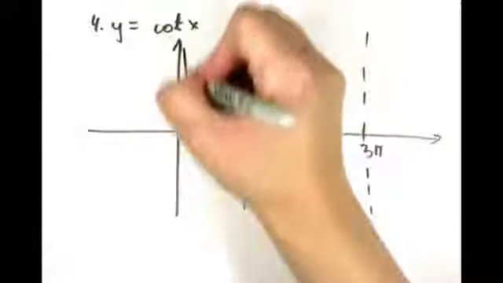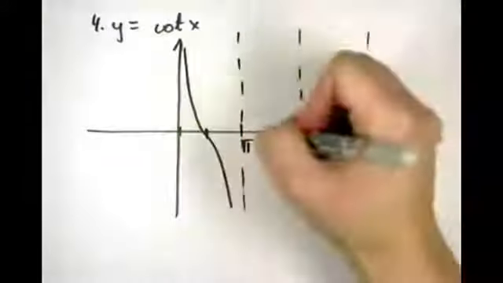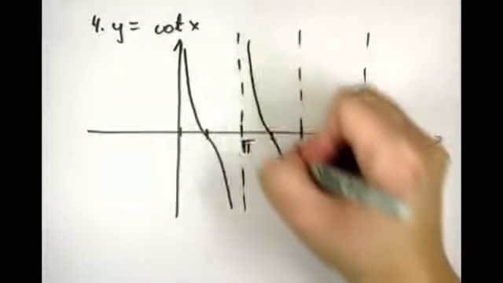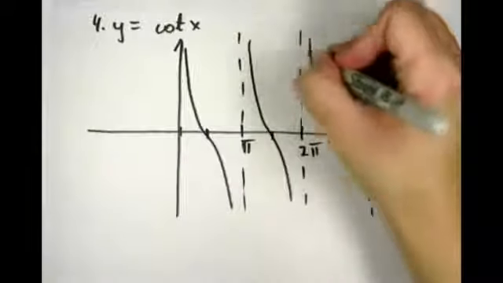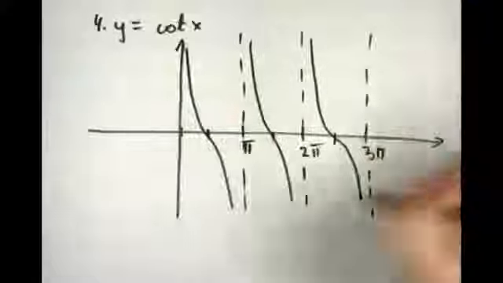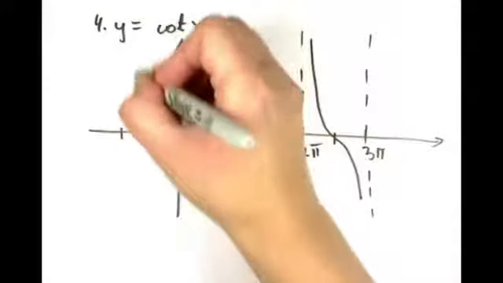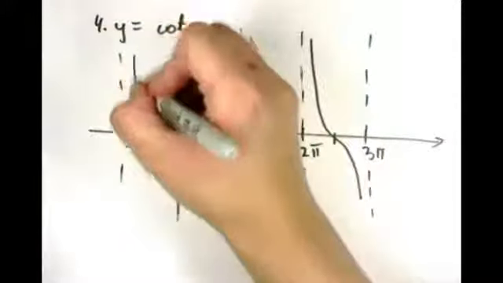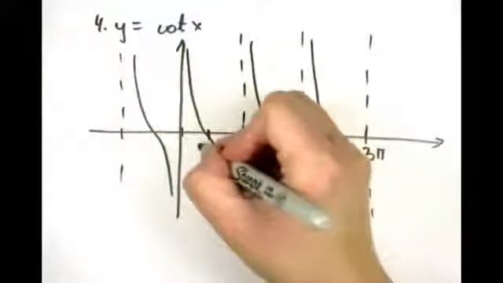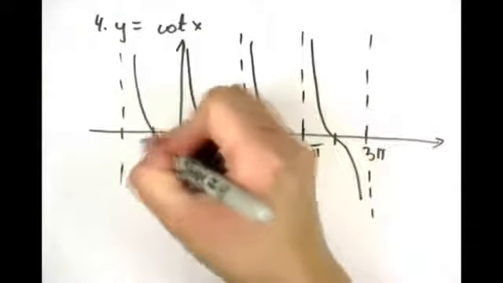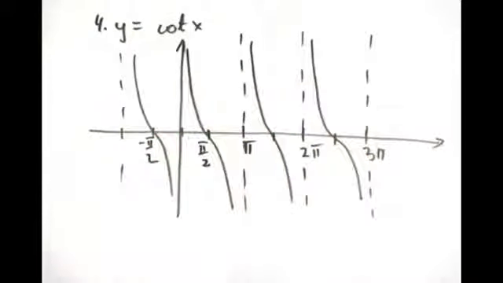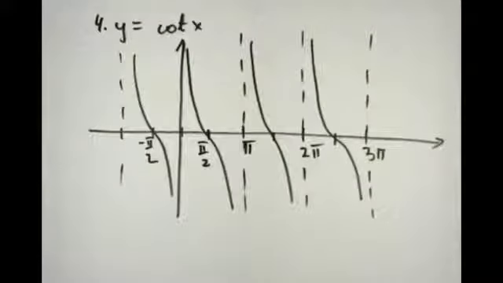And the cotangent graph is decreasing. And it goes pi over 2. This here would be minus pi over 2. The cotangent function is decreasing, but the tangent function is increasing.